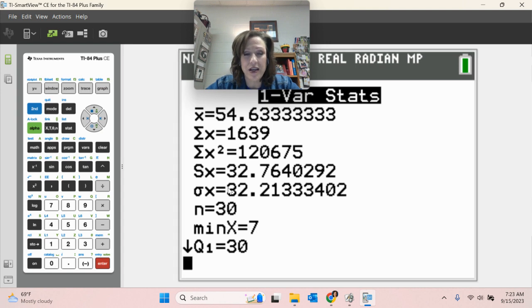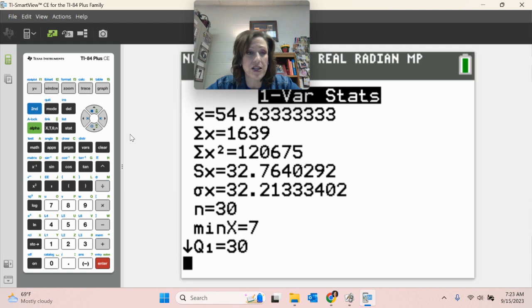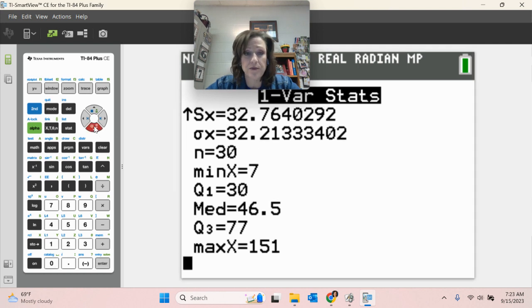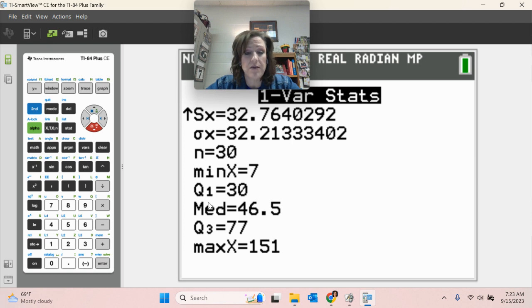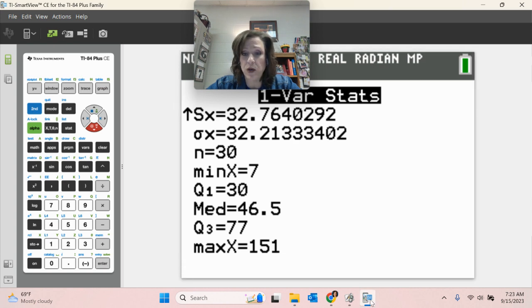This gives us a ton of information, which we'll learn what all of these other things are in a little while. This N tells me that I put 30 pieces of data in. So that could be a way that you count how many pieces of data you put in. But down here starts the 5-number summary. So I'm going to arrow down, and voila, the min is 7, Q1 is 30, median is 46.5, Q3 is 77, and the max is 151.